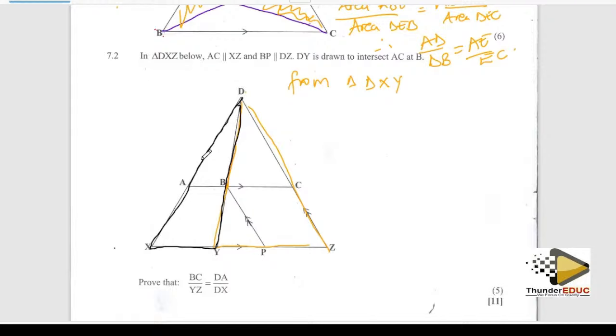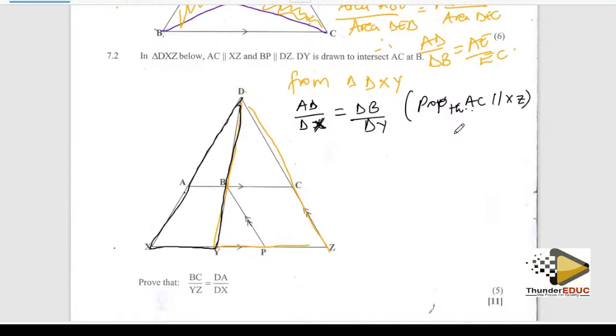We're saying that if you get the AD over the DX must be the same as DB over the DY. The reason is going to be the proportionality theorem, because AC is parallel to XZ. Proportionality theorem because of that.